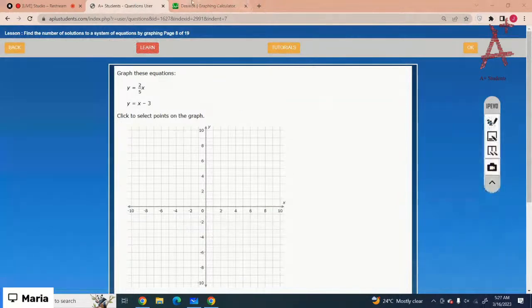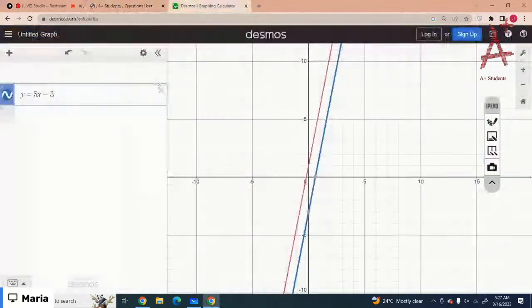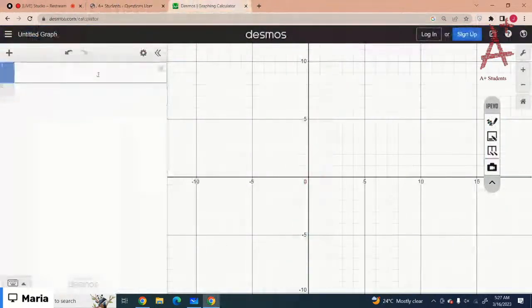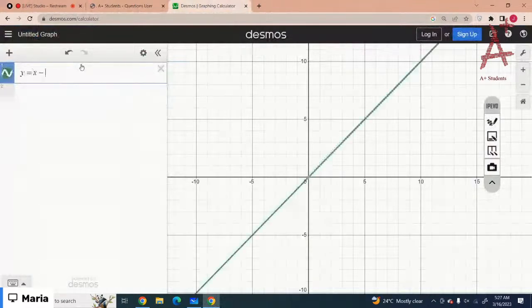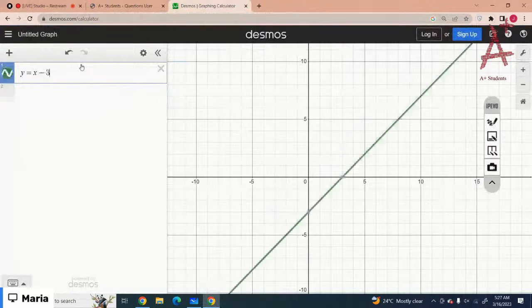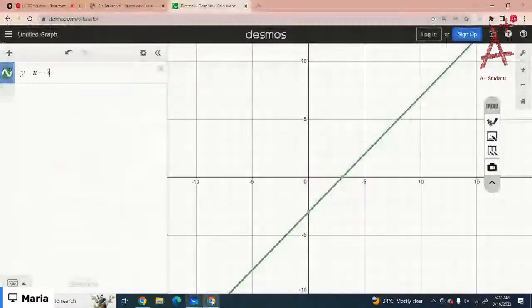On the graphing calculator, y equals x minus 3. Here you can connect the line.